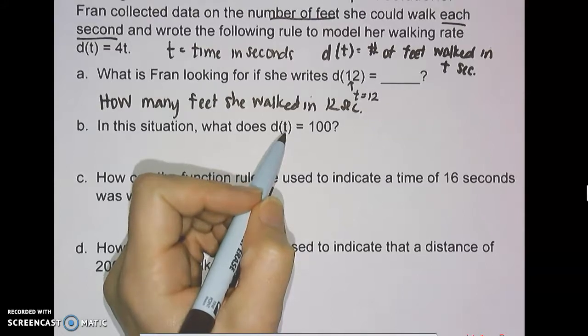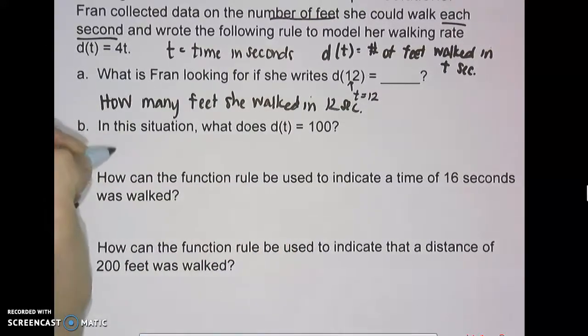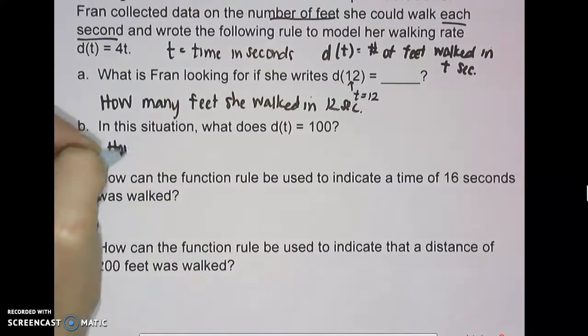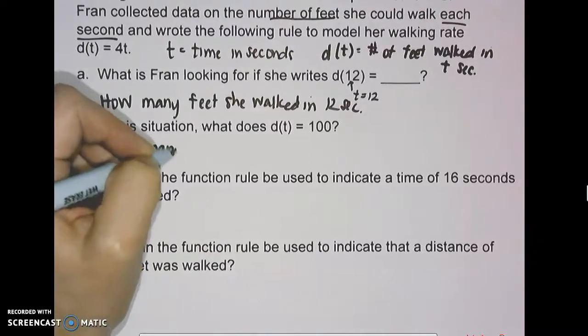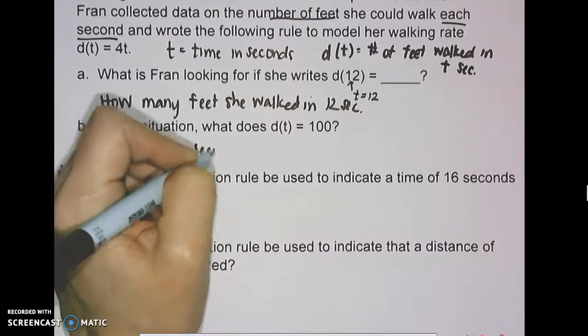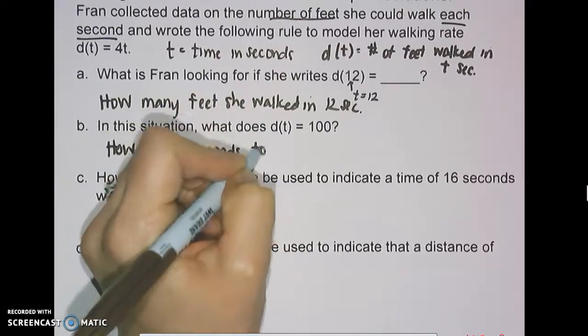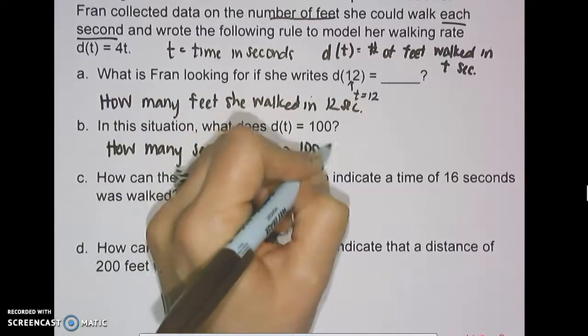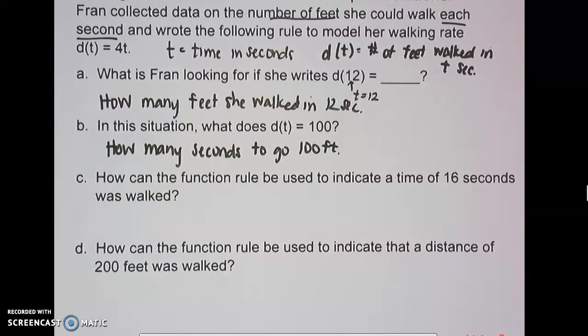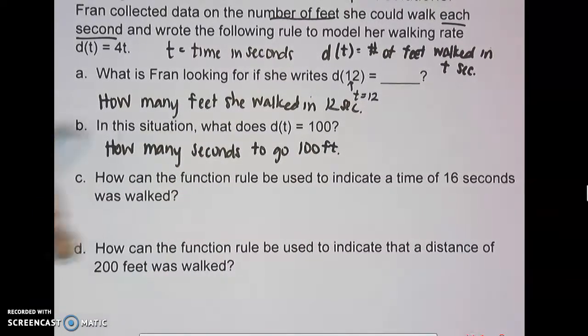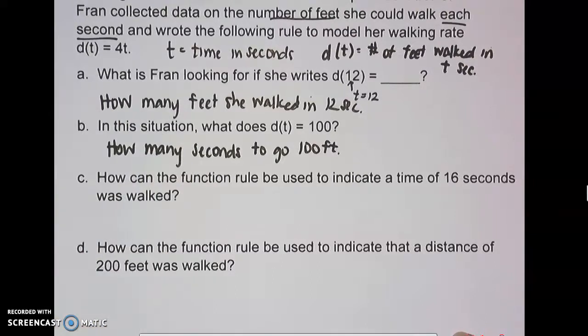We don't know what t is, but this would be telling us how many seconds to go 100 feet. Since we know that ending result of 100, that's how many feet she walked. We don't know how many seconds.